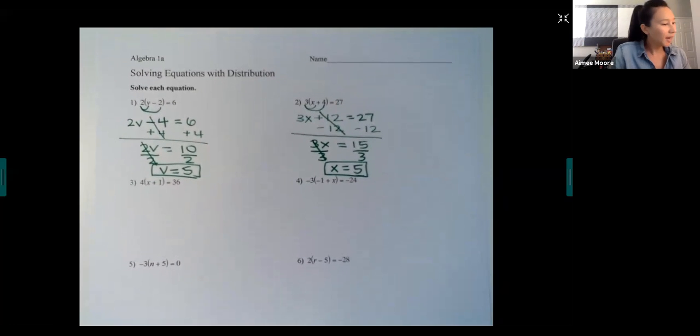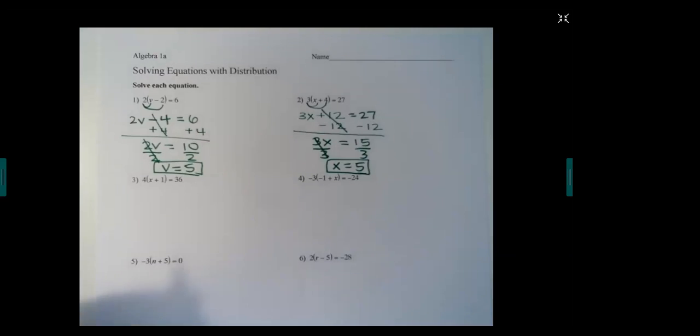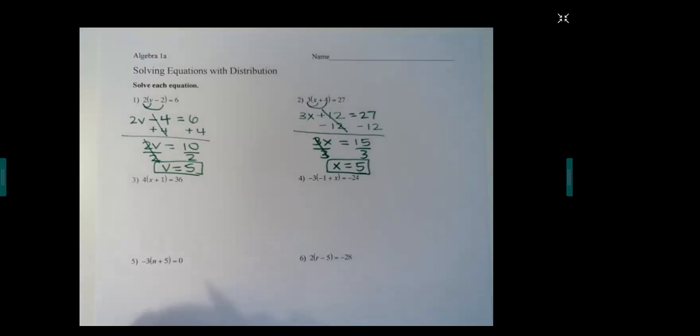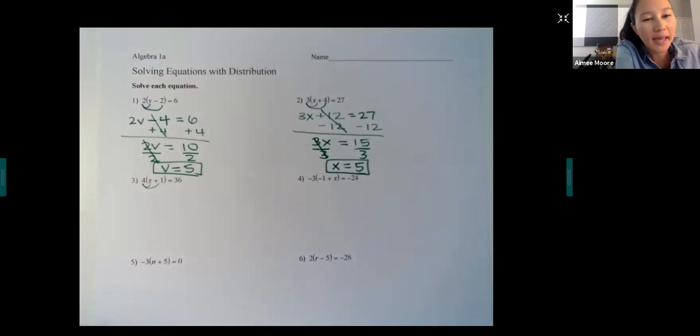Okay, Amari, help me out with number 3. What am I going to do first? We'll go in alphabetical order still. What am I going to do first, Amari? You're going to do the arrows. Perfect. And what do I get when I do that?